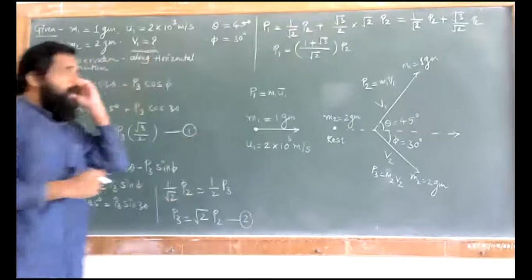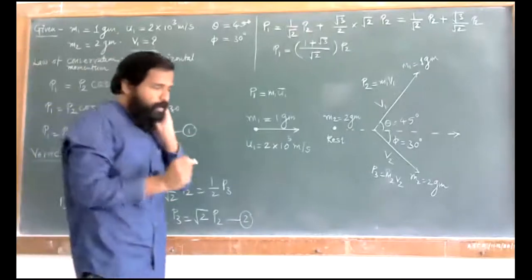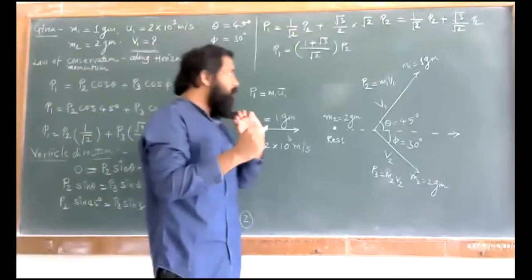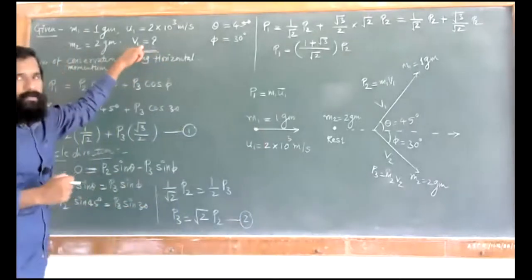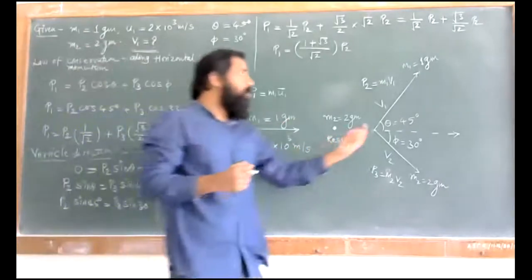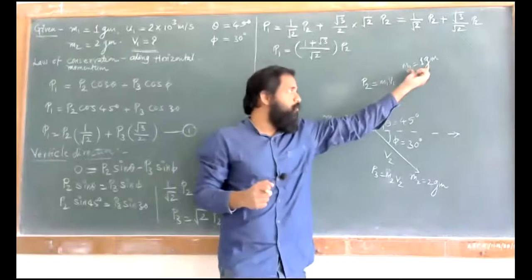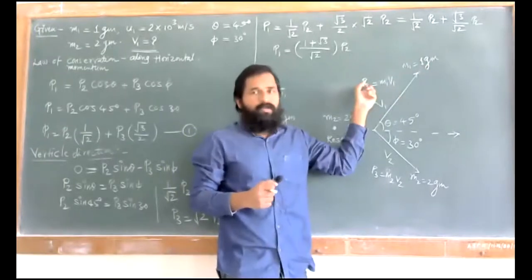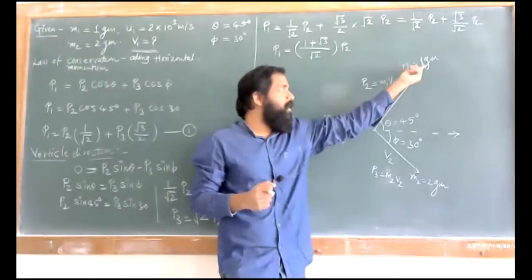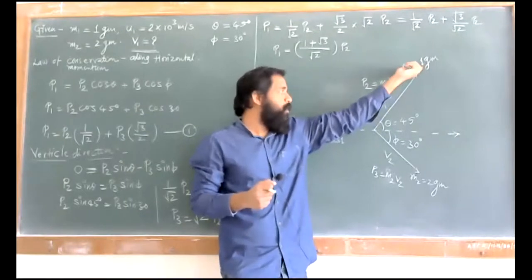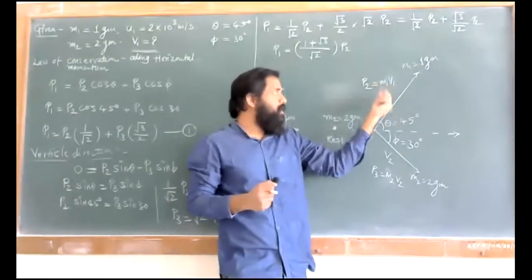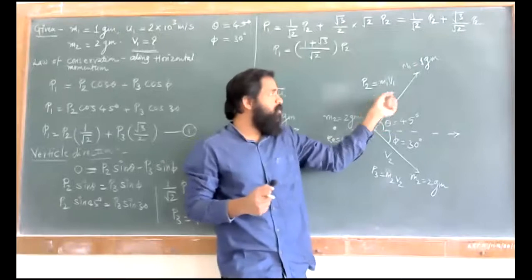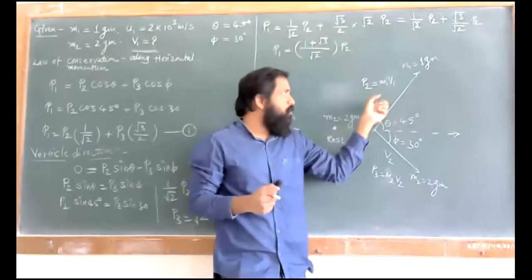What have we been asked? What we have to find out is the value of P1, that is the velocity of the particle having mass m1 after collision. After collision, we have been asked the velocity of the particle whose mass is 1 gram. So we have to find out the value of P1.